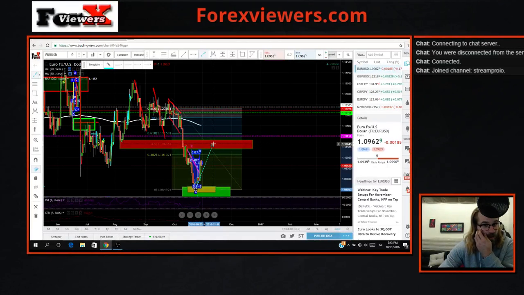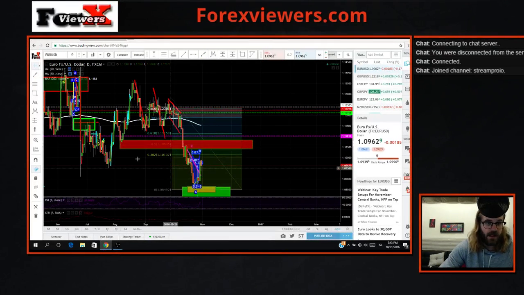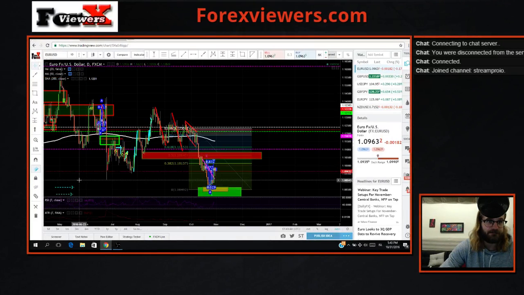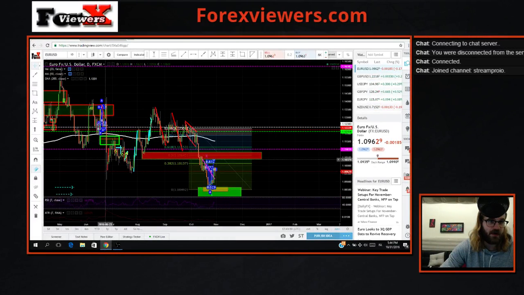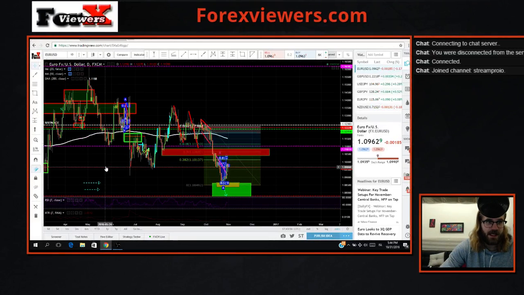We might go even a little further back here, and you can see these two levels right here. The only thing that bothers me about this is this long wick right here, which is quite a large drop. I do believe that this is the Brexit right here, if I'm not mistaken.